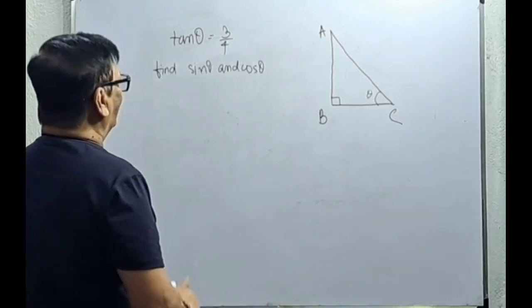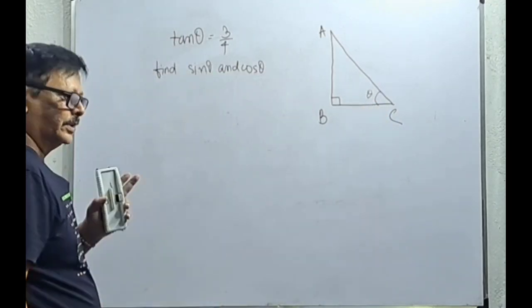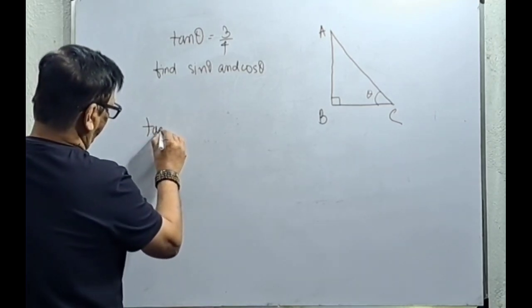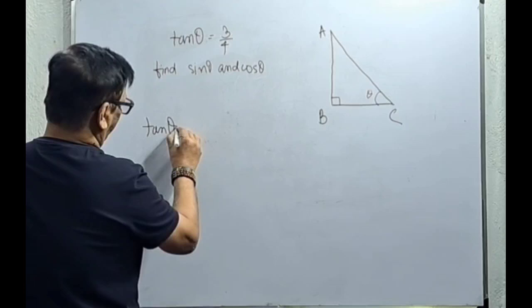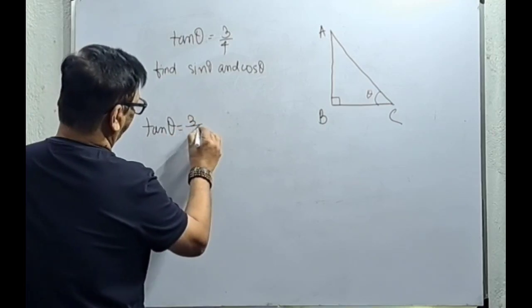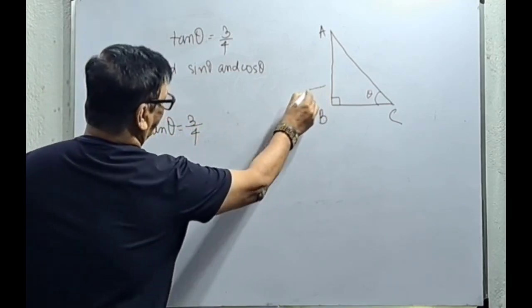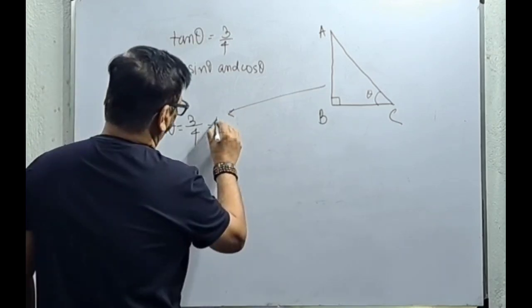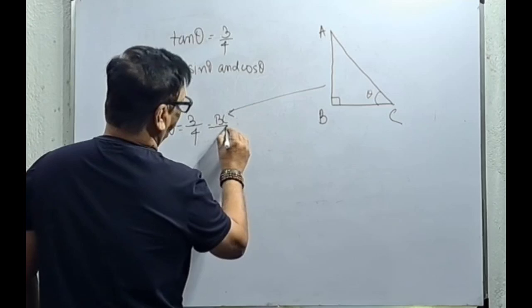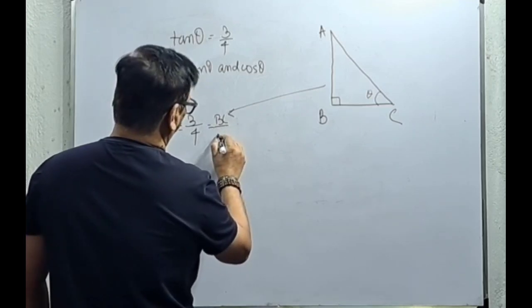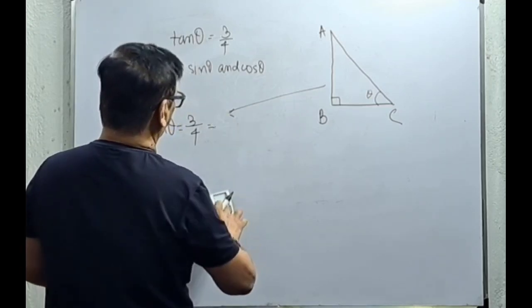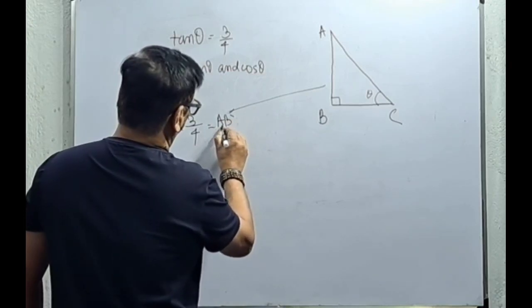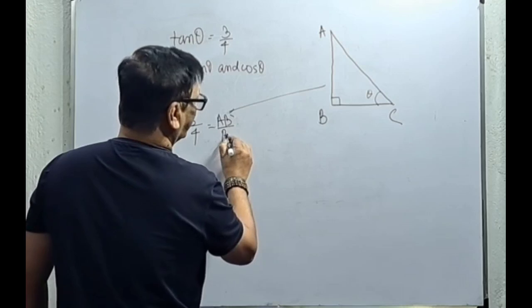According to our rule, tan theta is equal to 3 by 4, and from the figure, it is equal to AB by BC.